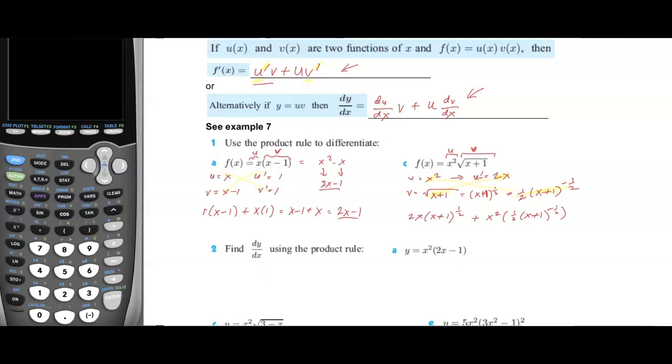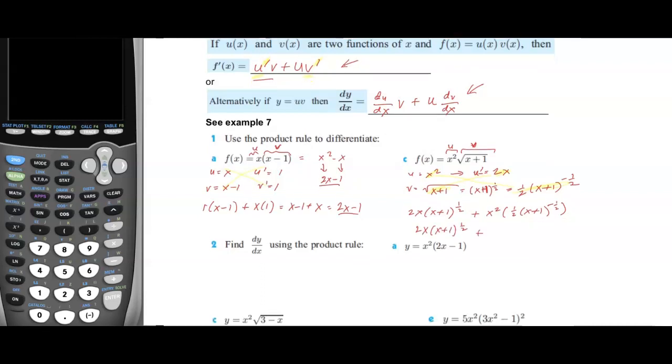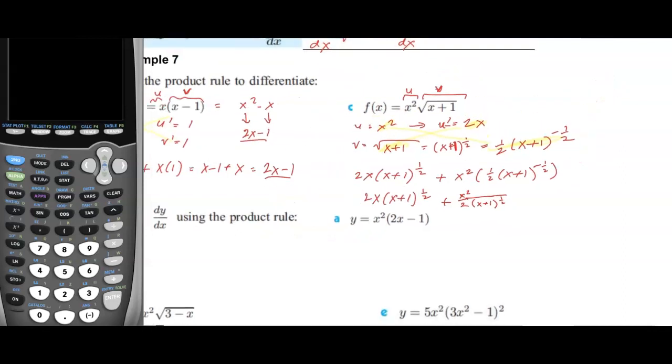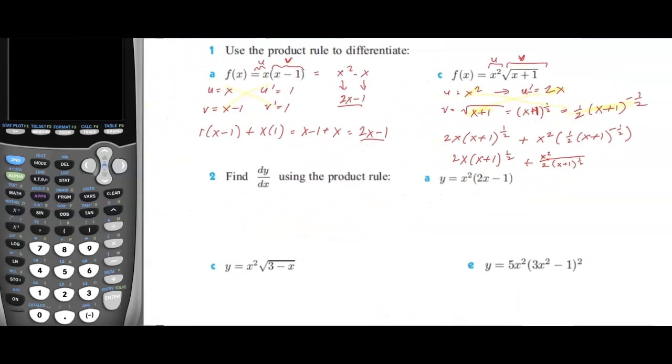Not too much. That one, pretty much leave it as is. The only reason why you would simplify this is probably in the IB exam, maybe they're going to ask you to take another derivative of it. Maybe like that. Okay, not necessarily simpler, but it's a different way of writing it.